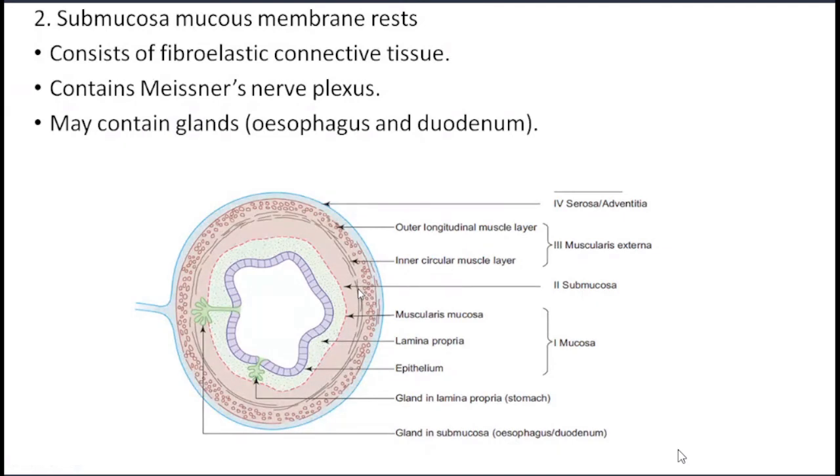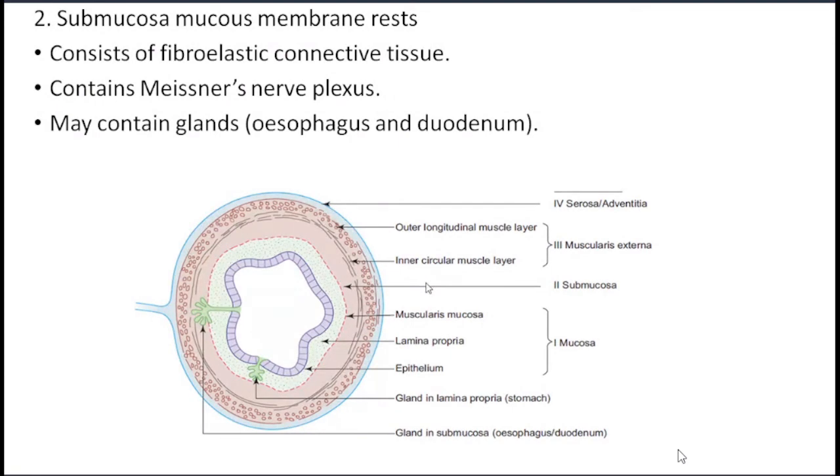Then you can see, in some parts of the GIT tract, it may contain glands, such as the esophageal gland or the duodenal gland. Sometimes in some parts you find glands in the submucosa, or lymphatic aggregation is also found in the submucosa.